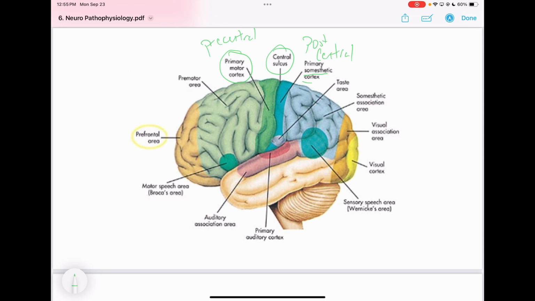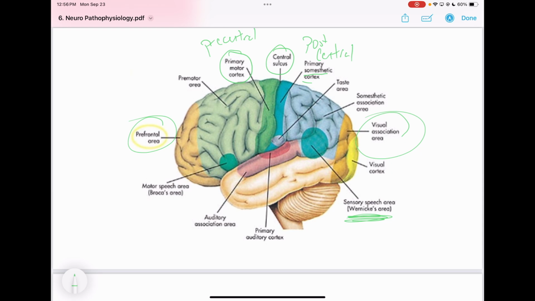Precentral is always the motor. Postcentral is always sensory. We have our prefrontal area. That's all of our decisions and social graces and cues and whatnot. Remember, our visual is in the back, the occipital cortex. We have our Wernicke's area.